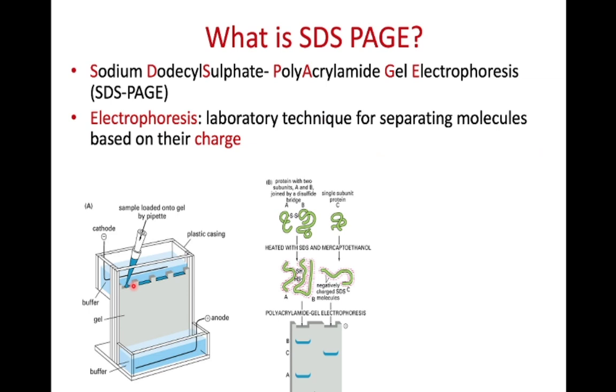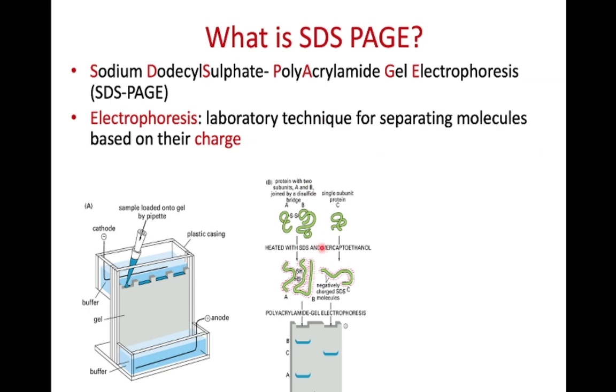If we take our samples, we have a mixed population A and B and C. We may have disulfide bonds between A and B, or even within the protein itself. Then we need to denature the protein, so we need to separate these proteins and break those disulfide bonds.